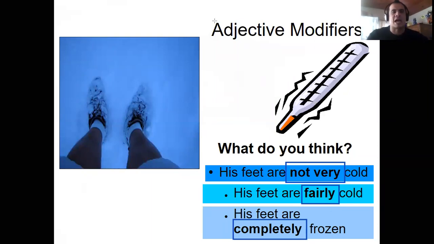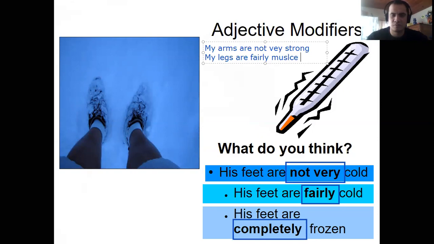Okay, copy in your notebook and Mr. Mauricio, copy on another. My arms are not very strong, my legs are very muscled, and my body is completely strong.